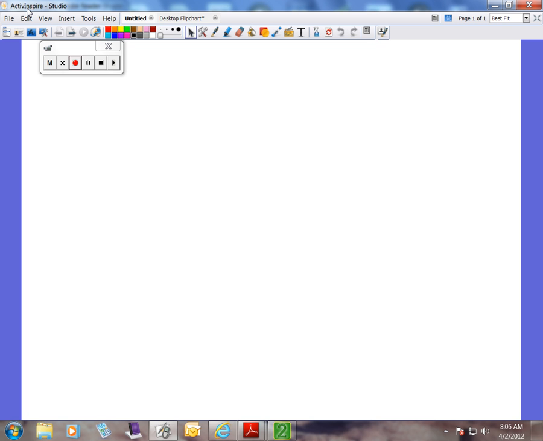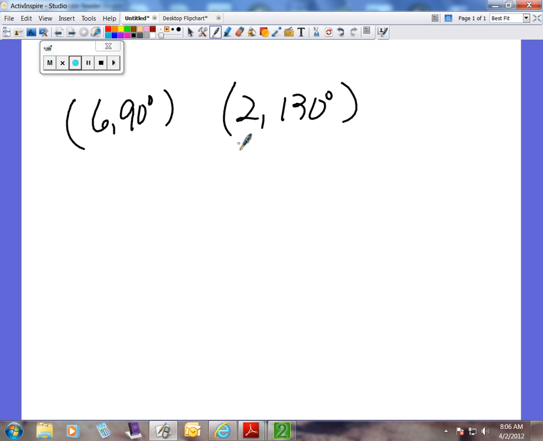All right, what are the 2 points on this one? We've got 6 comma 90 and, thank you, 2 comma 130. Here's your formula. It's a square root of r sub 1 squared. R stands for radius, yes. Well, I'm not there yet. Plus r sub 2 squared. You know what I'm talking about now, the 2 radii. 6 and 2, right?